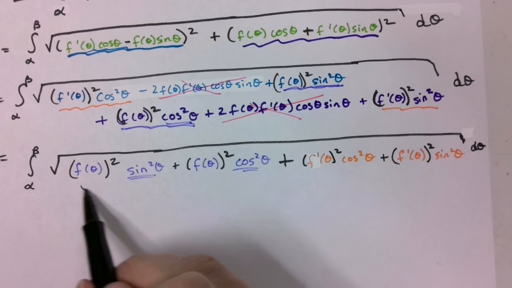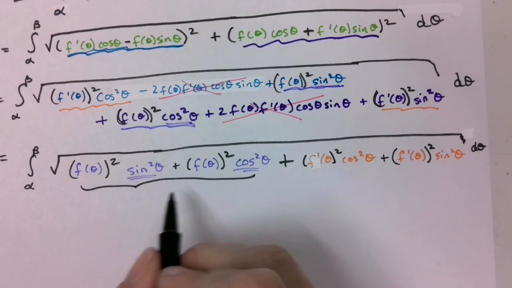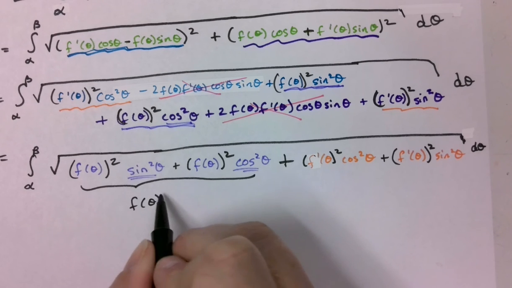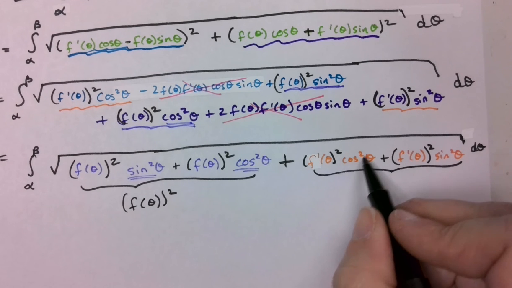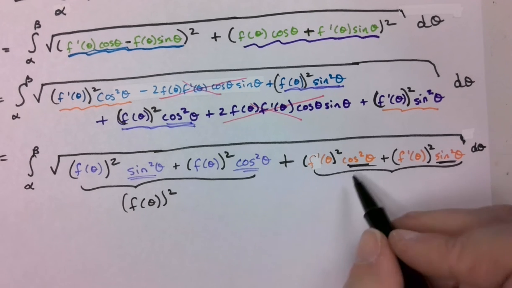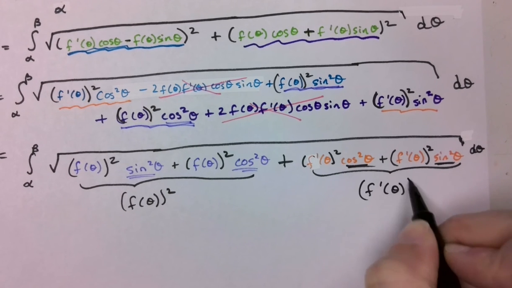Okay, but this right here, the sine squared and the cosine squared make 1, so this is just f of theta squared. And this right here, the sine squared and the cosine squared, again, make 1 by the Pythagorean identity. So that's just f prime of theta squared.